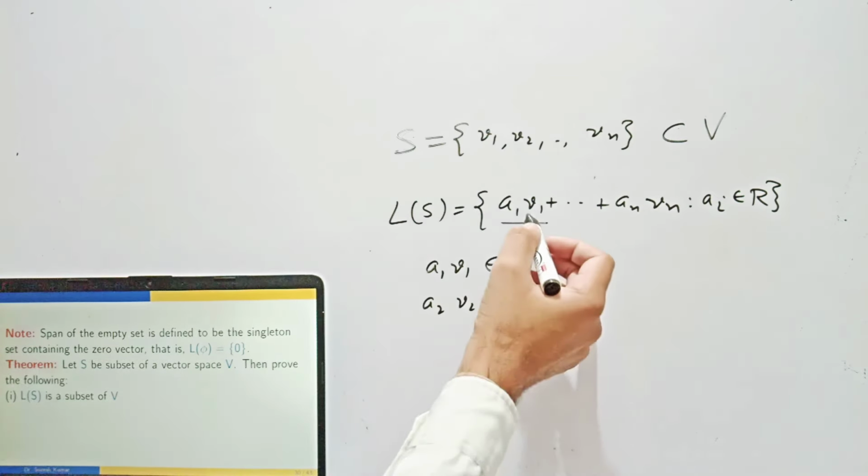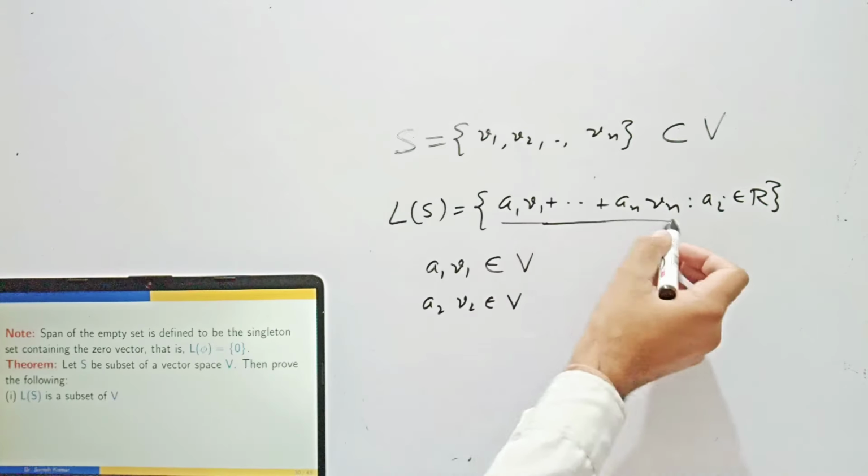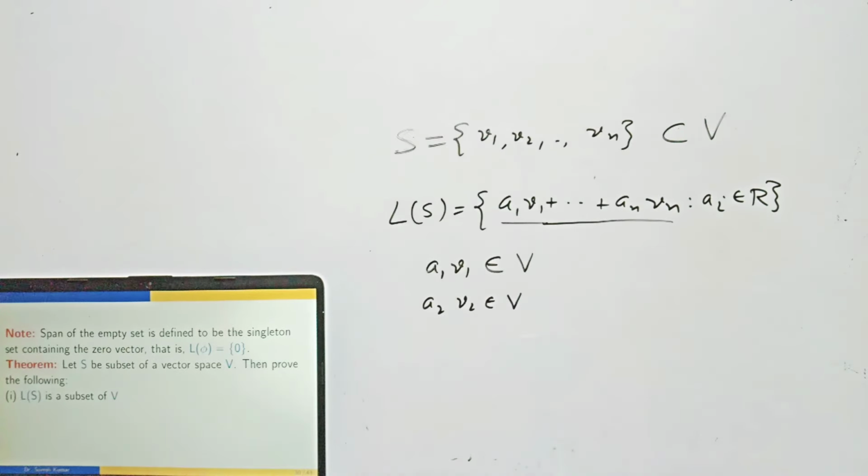So repeated application of scalar multiplication and vector addition properties gives that this whole expression belongs to V again. So a linear combination of members of S again belongs to V. That's why L(S) is a subset of V.